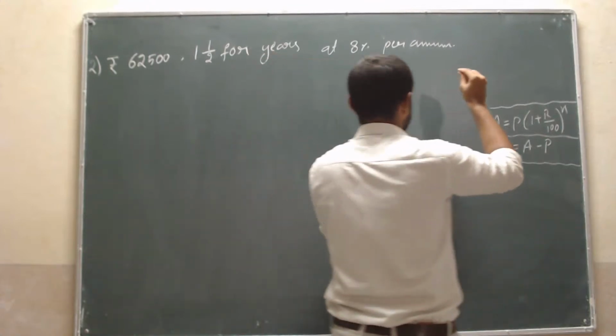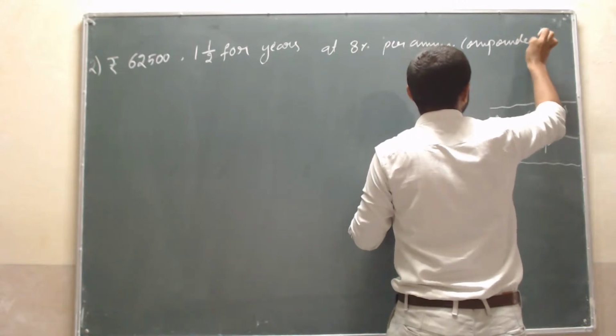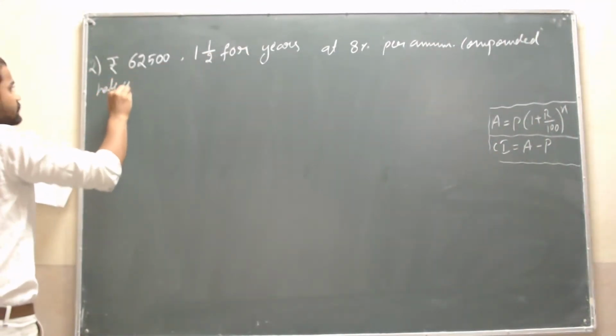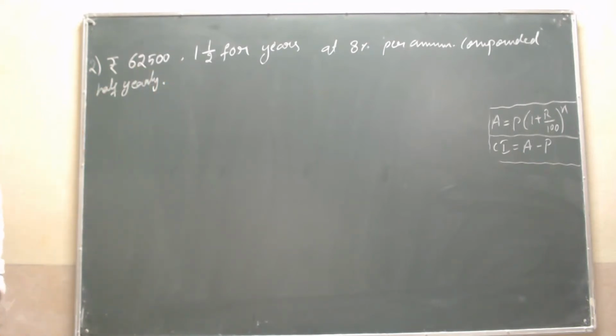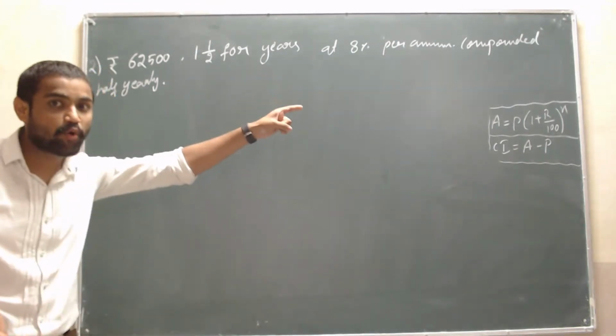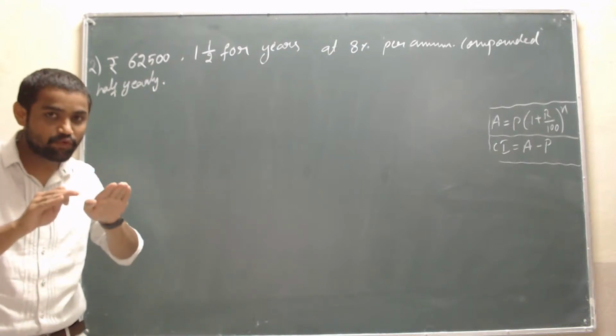Compounded half yearly is nothing but compounded every 6 months. In the previous example, what we have seen is compounded annually. Isn't it? Are you comparing both the examples?